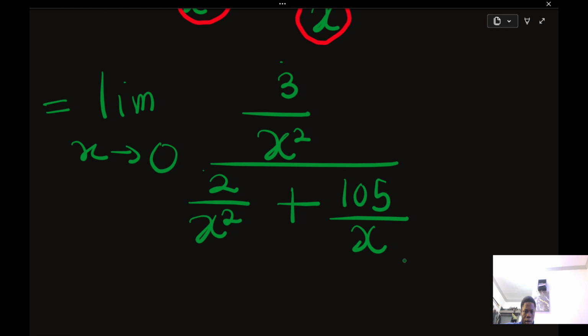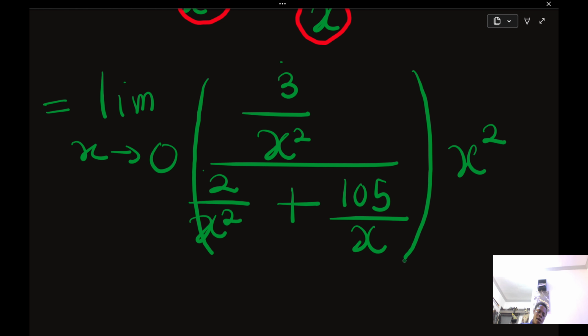You will now multiply through by x squared. So you are going to multiply everything here by x squared. All right.